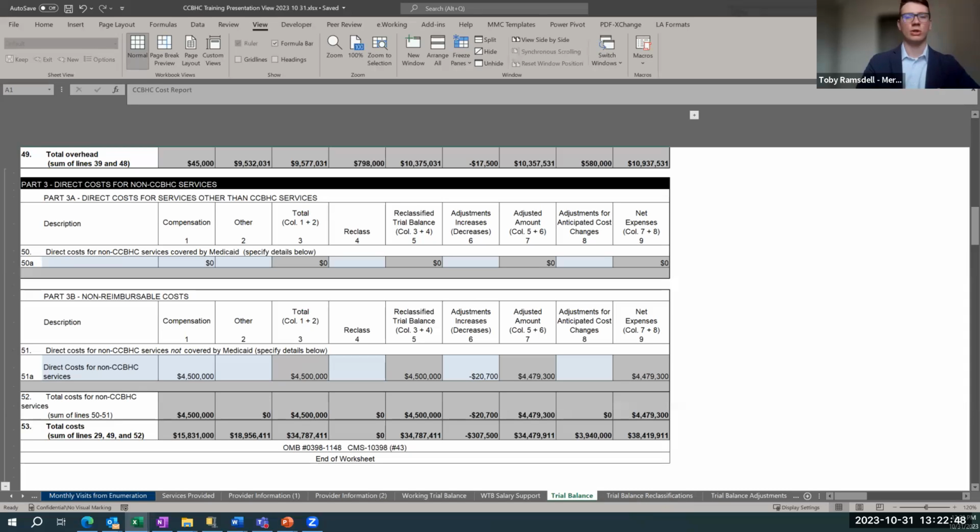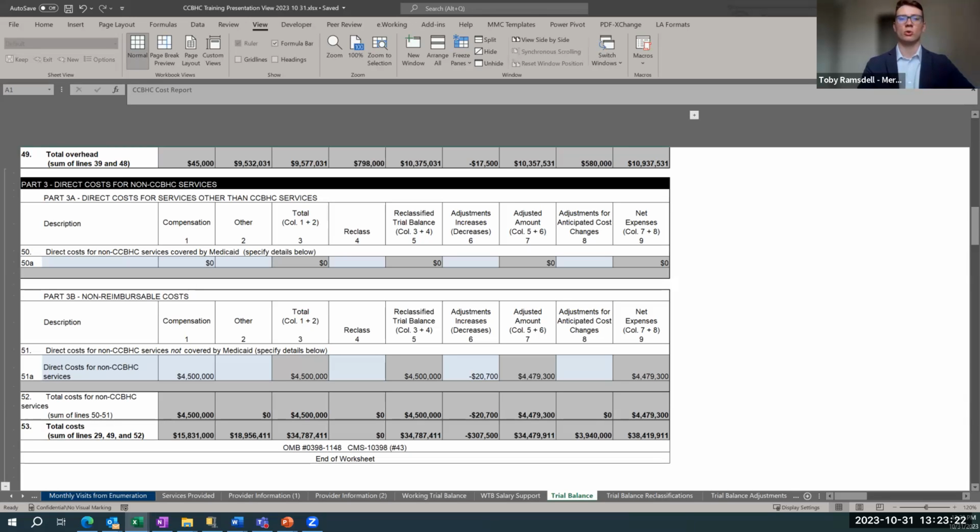All right, so one thing I want to reiterate before answering the rest of that question is that the working trial balance tab is an example of a supplemental schedule. So you would probably produce your own working trial balance tab using your general ledger and that financial reporting data for the reporting period. And then, creating certain formulas to bucket those costs and doing some manual identification of where those costs belong in the trial balance.